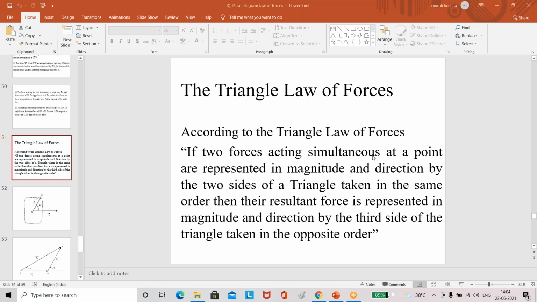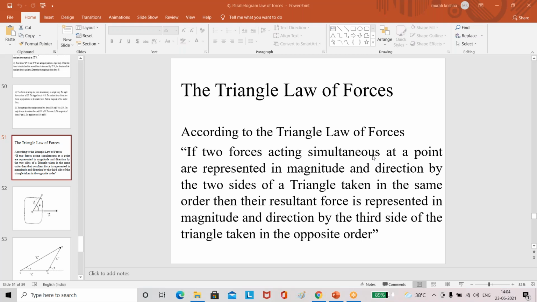Then the next graphical method is triangle law of forces. This triangle law of forces is also a graphical method. We can apply this triangle law of forces on the white paper to find out the resultant force of only two coplanar concurrent forces F1 bar and F2 bar.